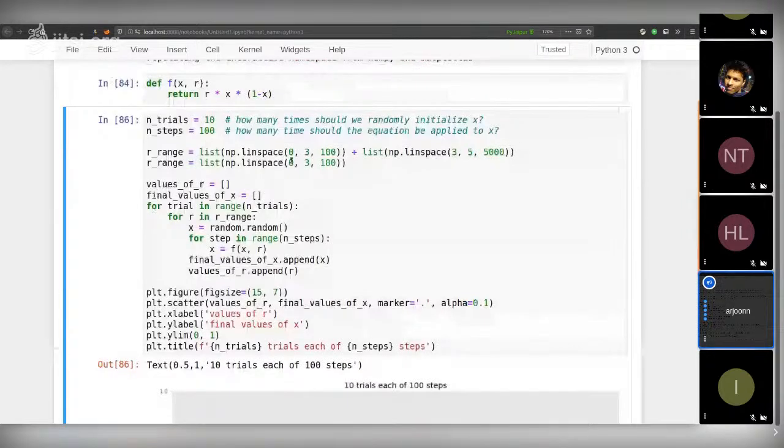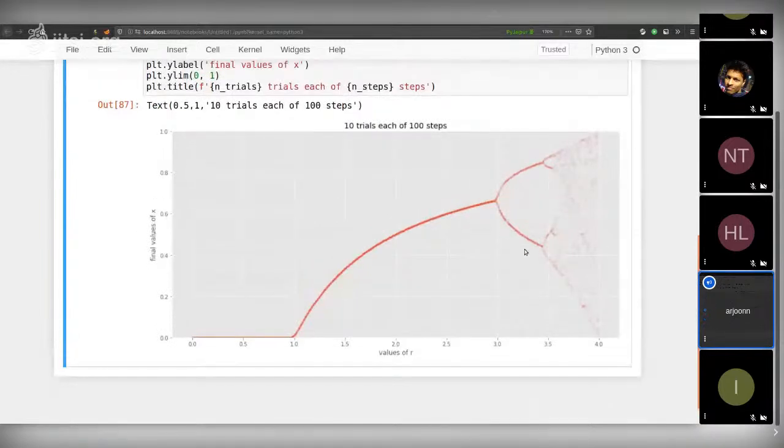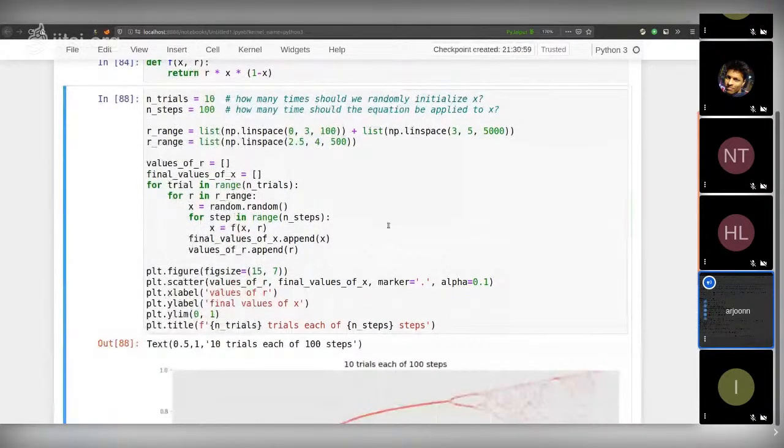But then suddenly after 3, you start getting this beautiful, let's go till 4, increase to 500. You suddenly don't know, right? That's the beautiful part. So let's just focus on this 2.5 to 4 range. I'll just reduce the range to that, right?